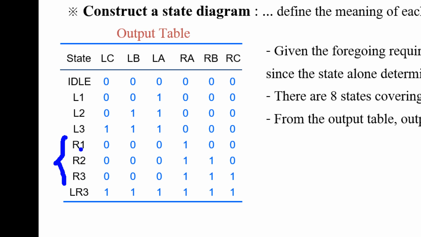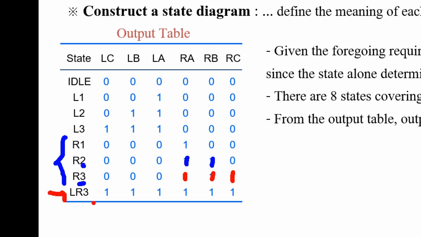At state R1, only output RA is active. At state R2, outputs RA and RB are active. At state R3, outputs RA, RB, and RC are active.